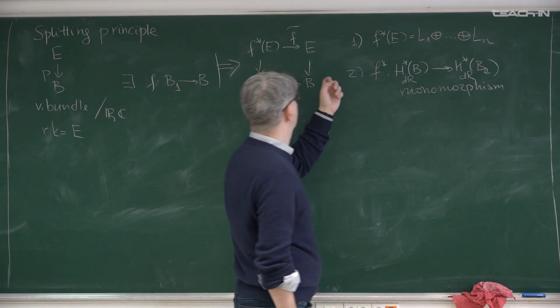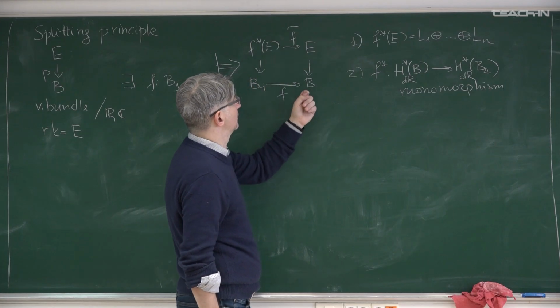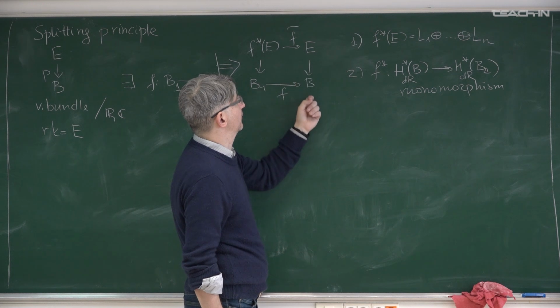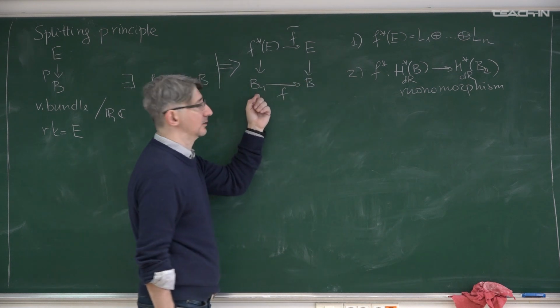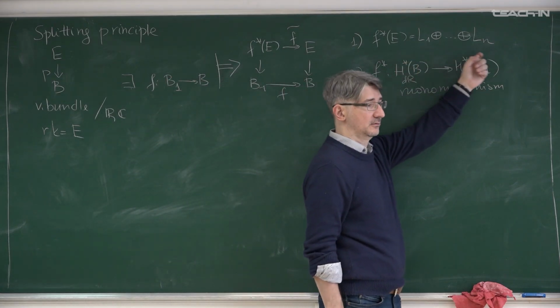But to check this relation, you can check it not for the vector bundle over B, but for the vector bundle over B1. And this vector bundle is much simpler, just a sum of line bundles.